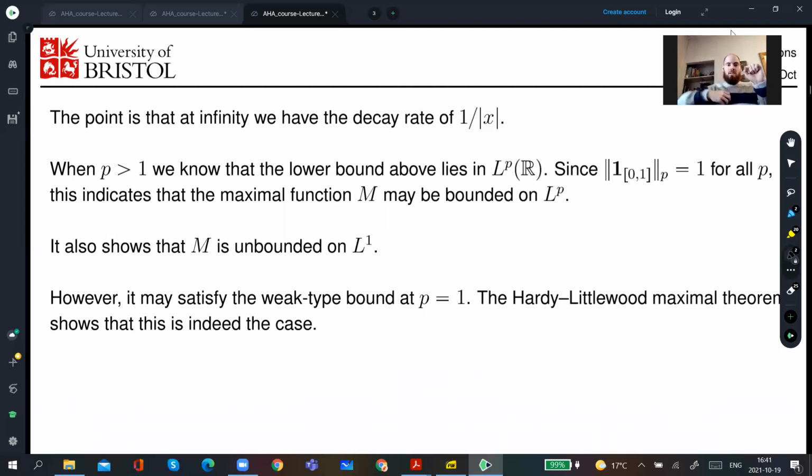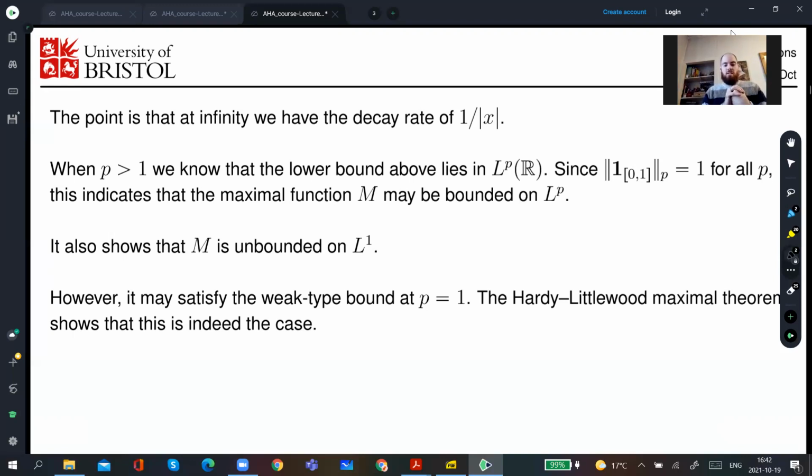And that works as soon as you have a function that is not 0 everywhere. You just take some region of it that is positive, or completely negative, bounded away from 0, and you can do exactly the same argument. The constant changes, but the decay rate as you move away from that support is only like 1 over x. And that is a function that never lies in L1. It always lies in LP, but it never lies in L1.